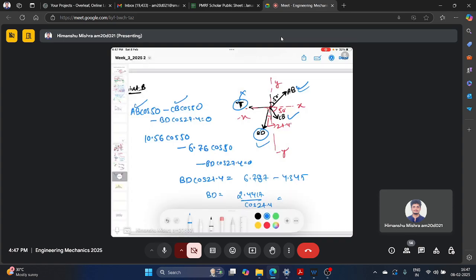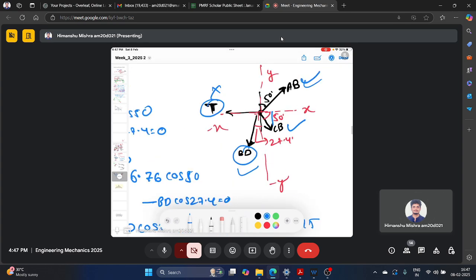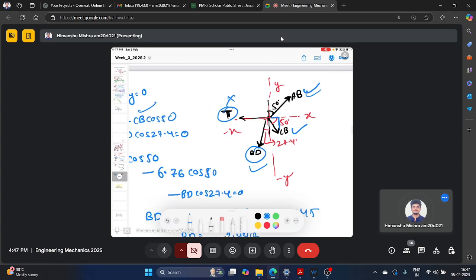These are vertical forces, right? We are taking the component of the vertical forces. Okay, sorry. So this is the summation of force in y direction. CB cos, CB sine 50, no? If it's vertical, yes, it should be sine 50.